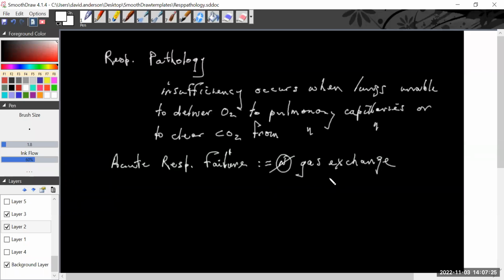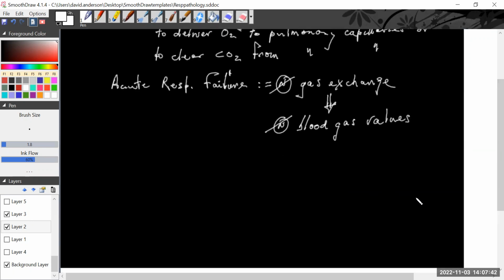And the result of that is going to give us abnormal blood gas values. So that's our PO2 of oxygen being close to 100, and PCO2 on the arterial side being somewhere close to 40, right?